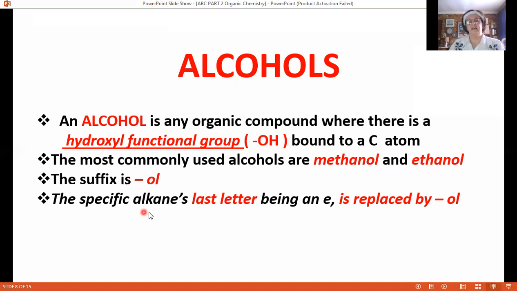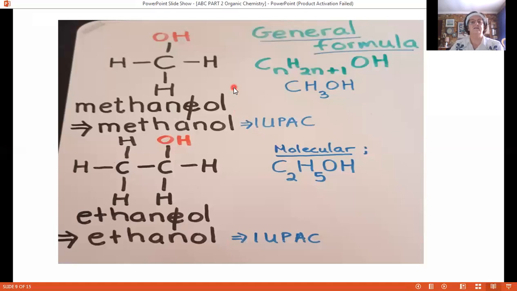So the last letter of the specific alkane, the E, is replaced by -ol. Let's look at this example. 1 carbon, that is methane, with single bonds, but the E is replaced by -ol. So the IUPAC name here will be methanol.